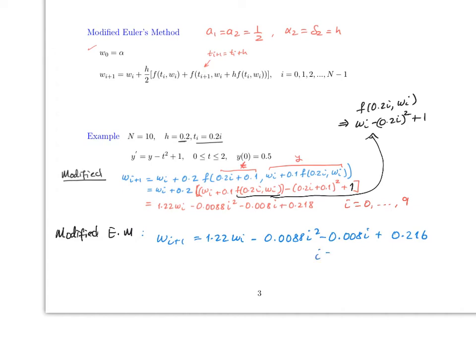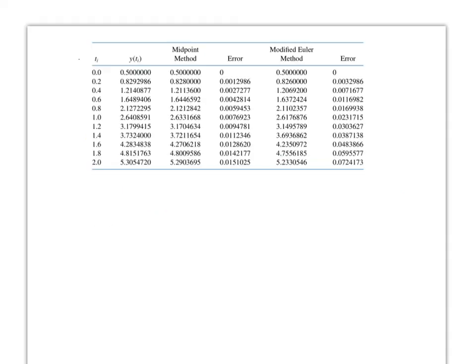And again, i equals 0, 1, all the way to 9. The following table shows the computations of the two methods, so you can compare both of them. This table compares the results of the calculations of the two methods.